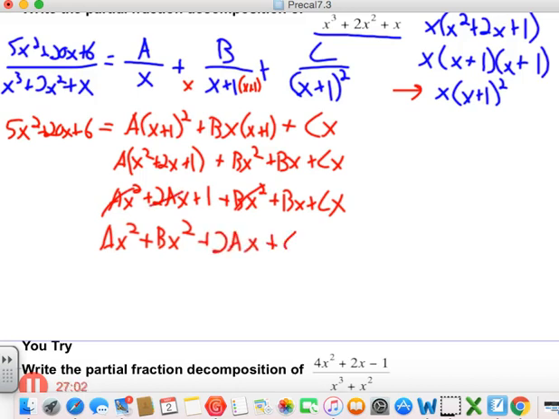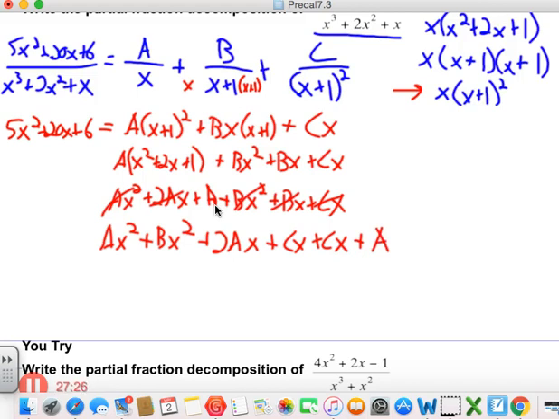Yes, I've got Bx, and I've got Cx. I use all those, and then the constant that's left over is just A. Sorry, that 1 should be times an A, so that's an A, not a 1. So we have plus A out here, not plus 1.